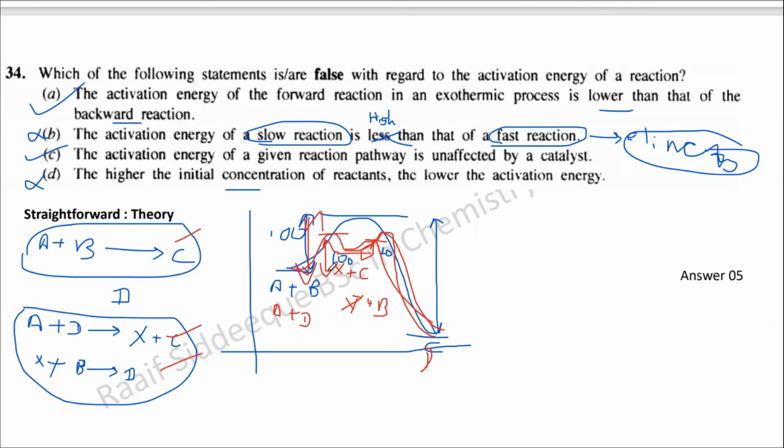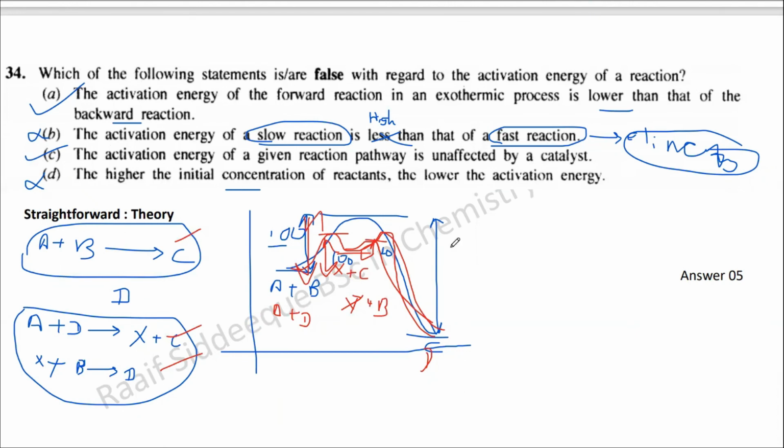This is a very bad catalyst, because without the catalyst you have 100 kilojoules, and even with the catalyst, if you have to provide 100 kilojoules, there is no point in using this catalyst. So try to understand this.